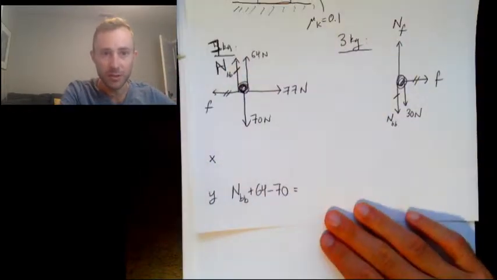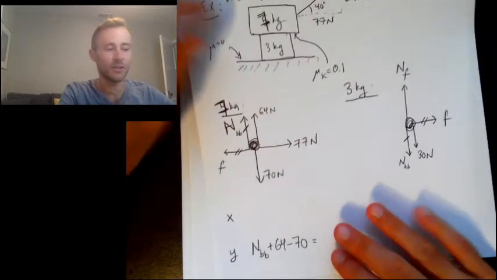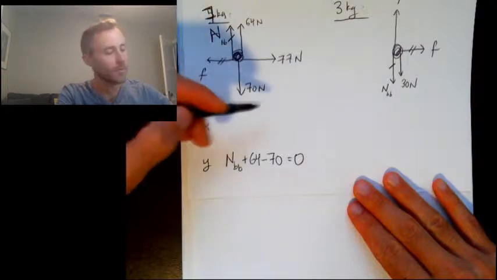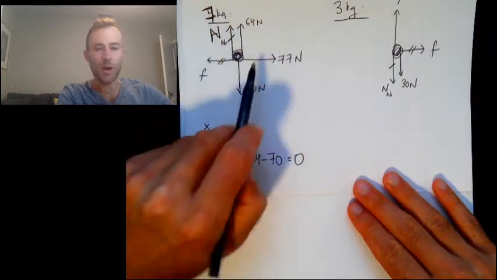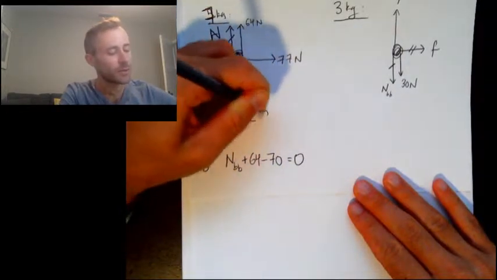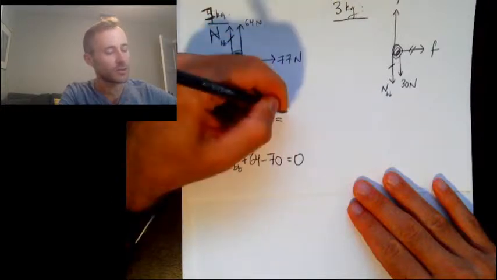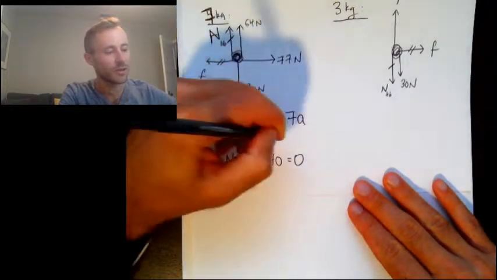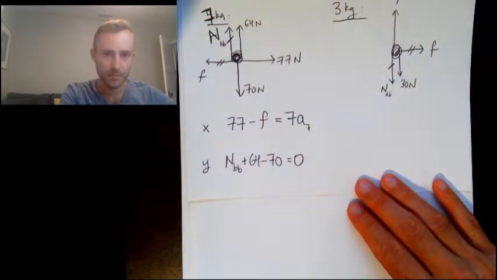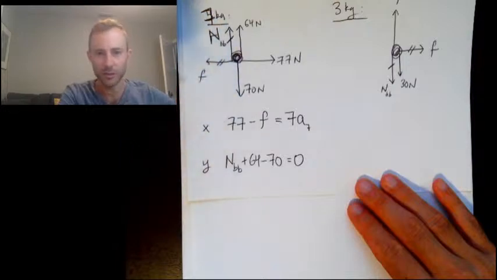It's going to be 0 because the 7 kilogram block isn't lifting up off the top of the other block. The forces in the x direction are right forces minus left forces, so 77 minus friction equals 7 times the acceleration of the 7 kilogram block. Okay, so that's a horizontal version of Newton's second law.